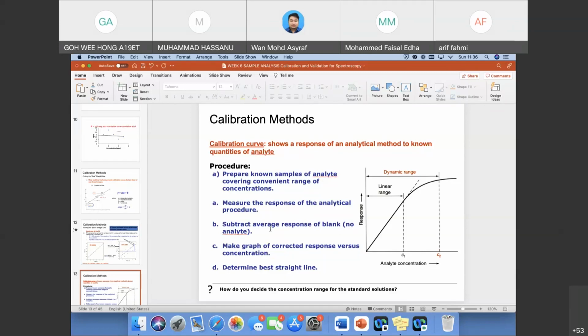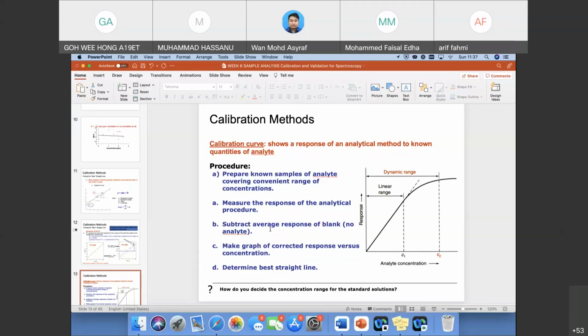Sometimes your blank would create some sort of response, but that response does not correspond to your analyte, because when we say blank, there is no analyte of interest inside. So whatever response you get from the blank, you need to subtract it later on.